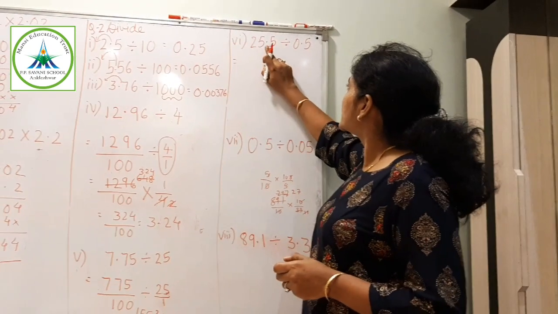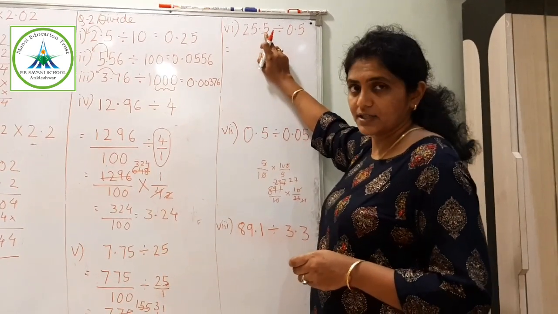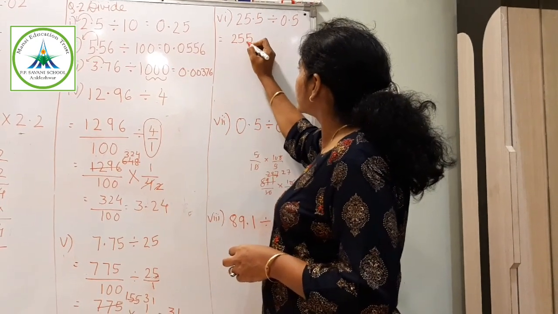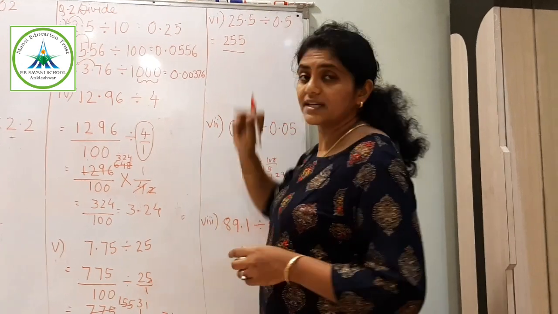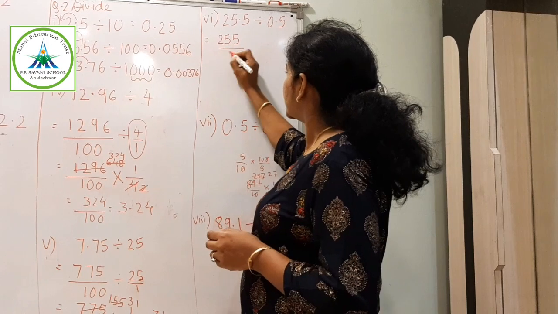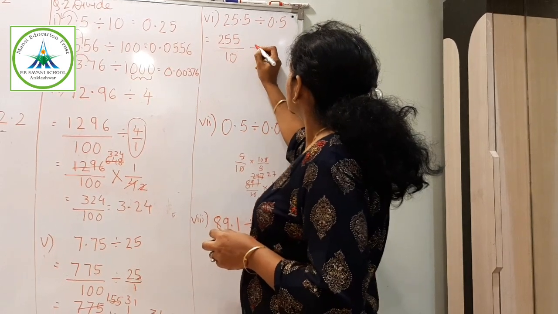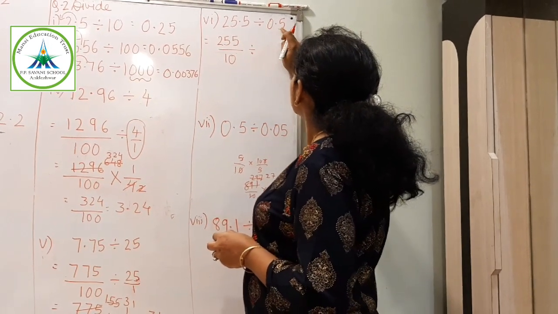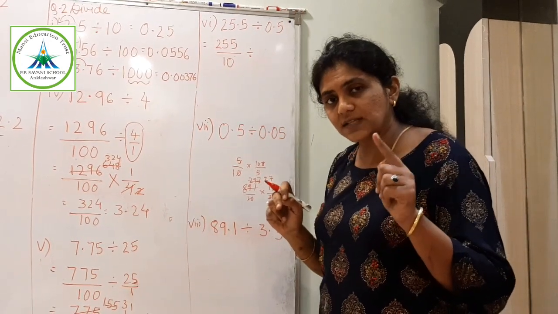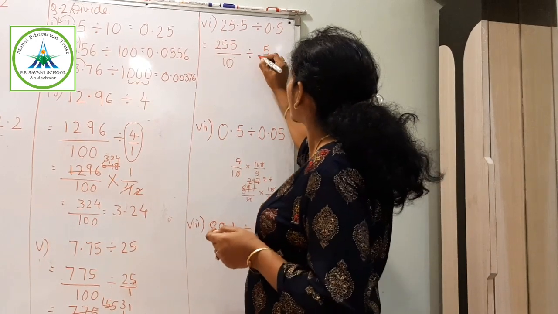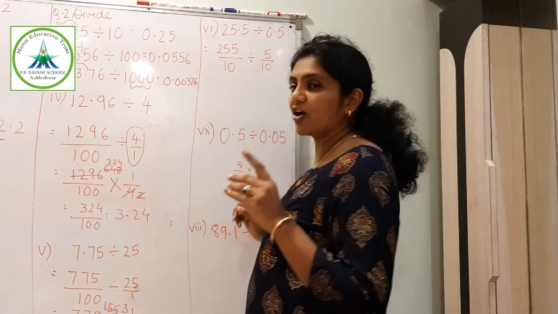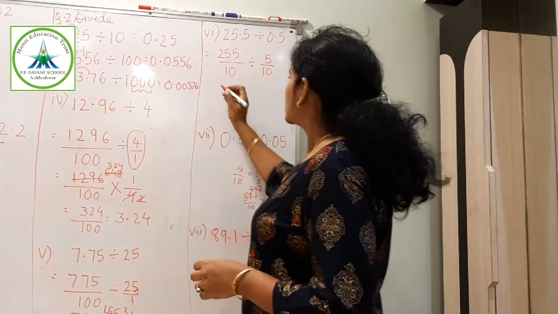Here, 25.5, that means you will first remove the point. Before one digit the point is placed, means divided by 10. Yes, now this, before one digit the point is placed, means you have to divide 5 by 10. Now this becomes a division of fractions.